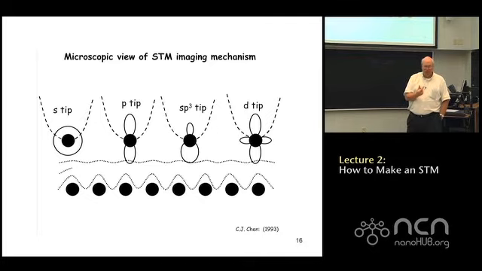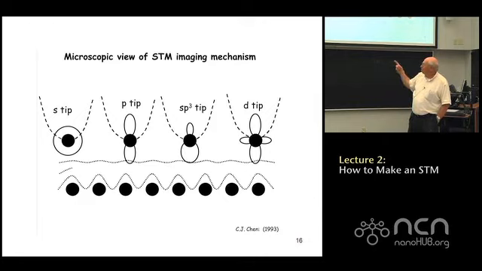And some of the symmetries that are favorable for high resolution STM are, for instance, the P-type tip or the D-type tip, where the electron wave functions are confined in very narrow regions of space. They actually protrude out vertically into the vacuum beyond the lead atom of the tip, okay?